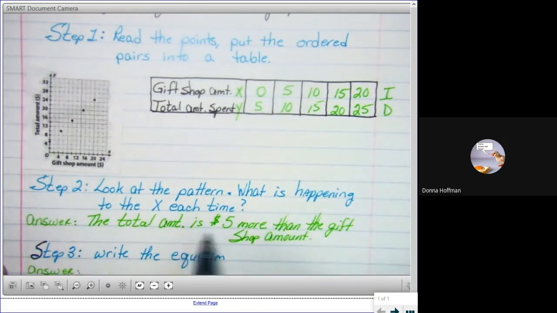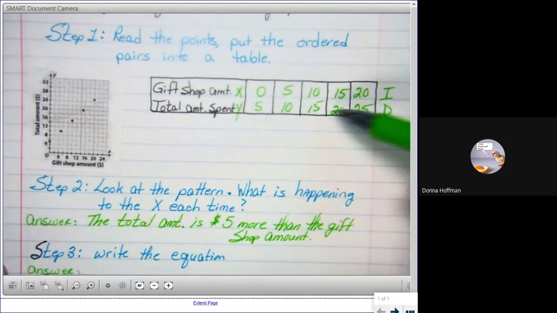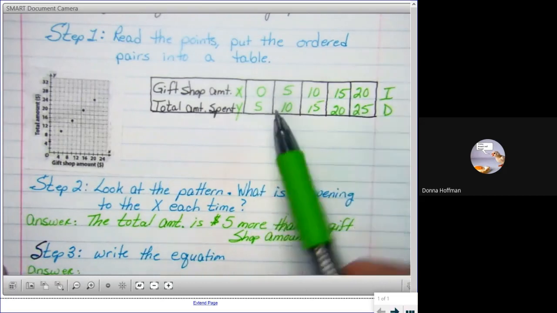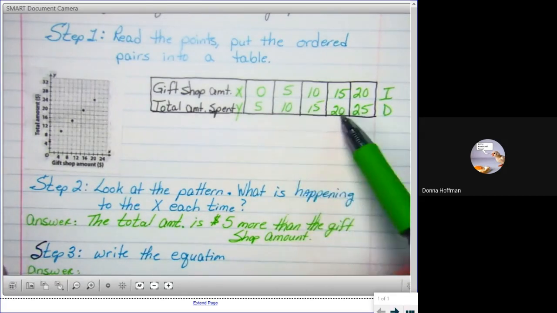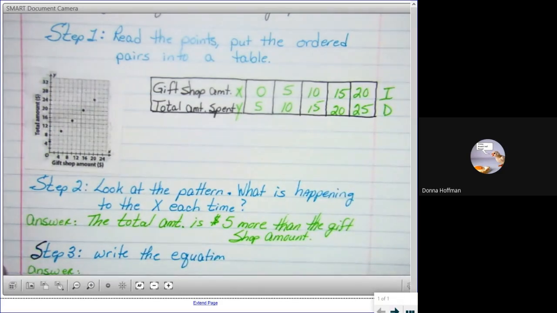So the total amount is $5 more than the gift shop amount. Every time this goes up 5, this goes up 5 too: 5, 10, 15, 20, 25.